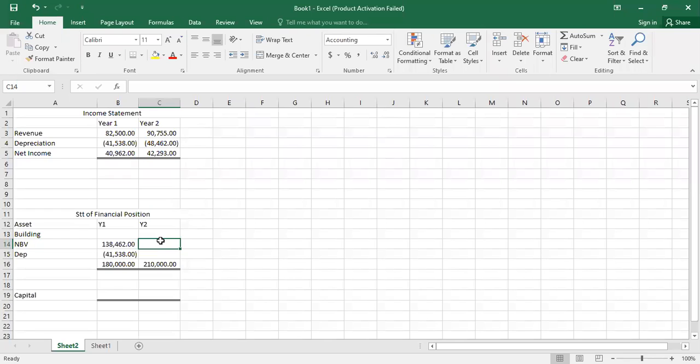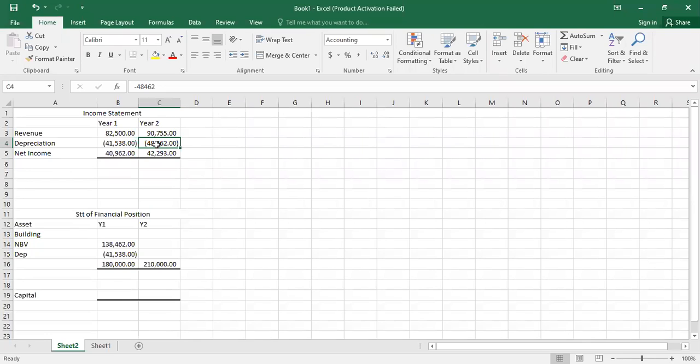As at the start of year 2, what will be my net book value of the asset? Or we work backward. We have the depreciation. Our depreciation here is 48,462. Is it the depreciation for the second year?